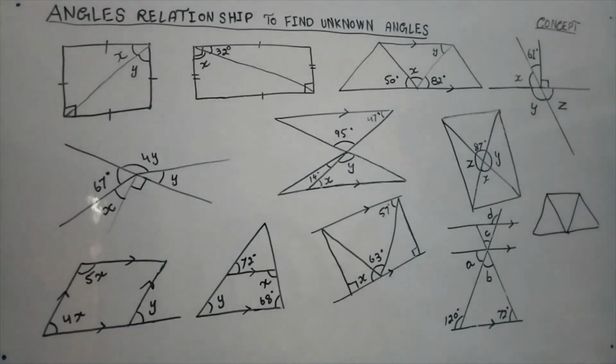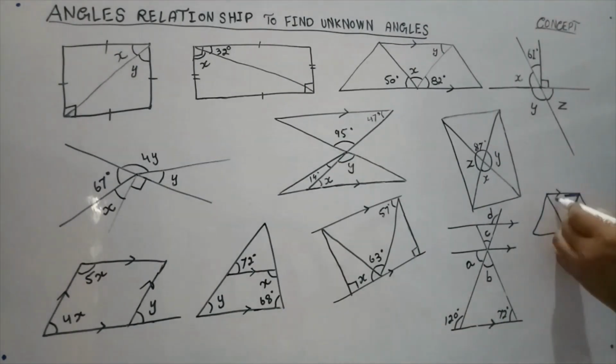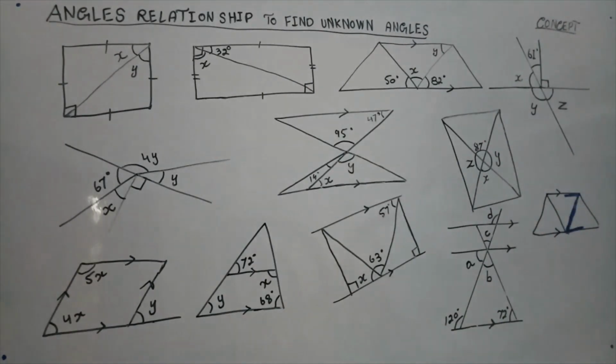So these two are parallel, and now you can see here we have a Z shape. If these two lines are parallel and we have a Z shape, then this angle will be equal to that angle, and these are the alternate angles.